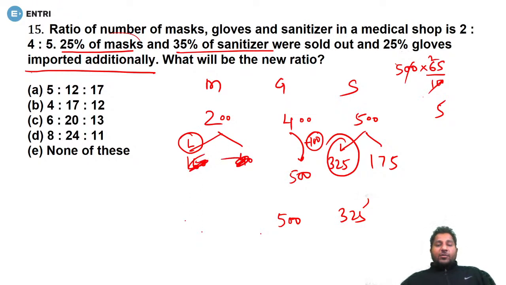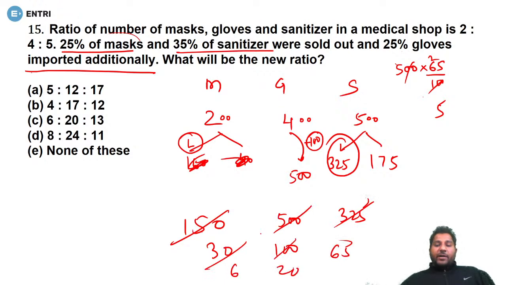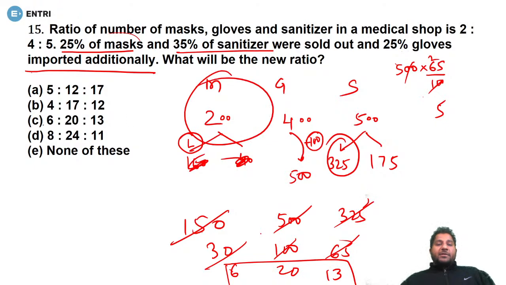Okay, so 150 have been left. Yes, absolutely. The final ratio is 150, 500 and 325. So the final answer would be option C. Yes, Rash, yes.